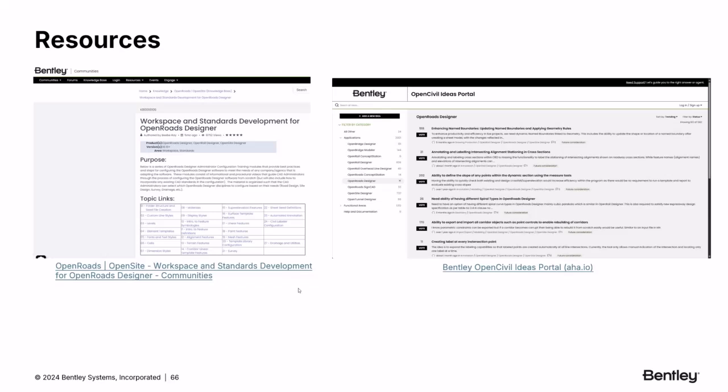But I also want to highlight these particular links here that are shown on the slide. The one on the left is coming from the Bentley communities. It's the Workspace and Standards Development for ORD knowledge base, previously known as a wiki, I believe.